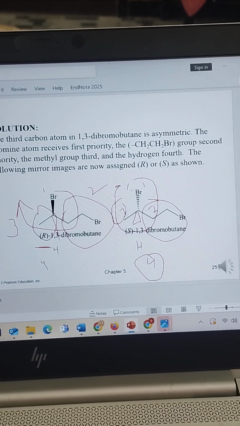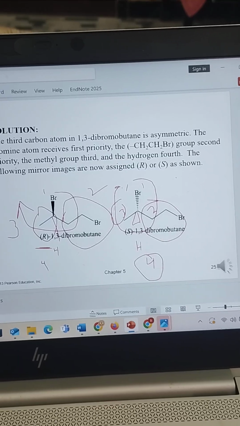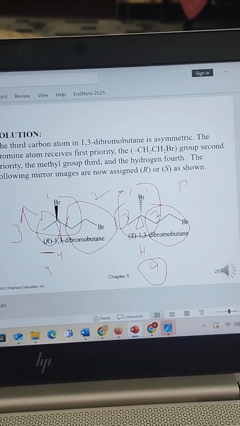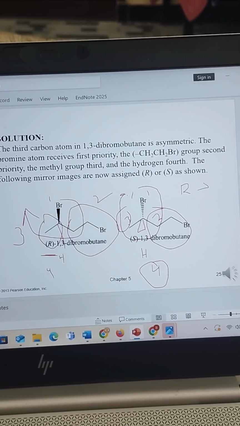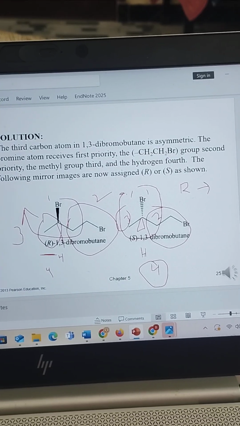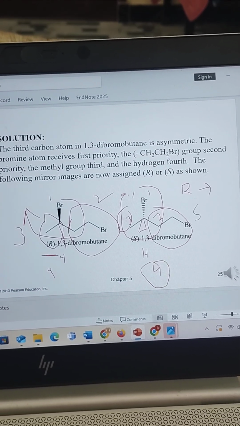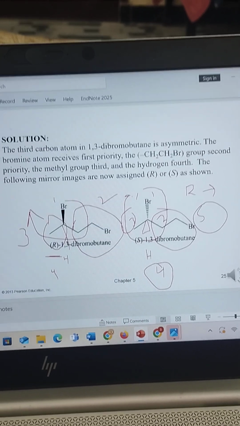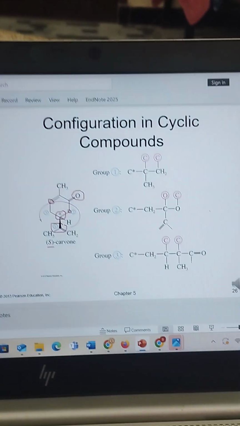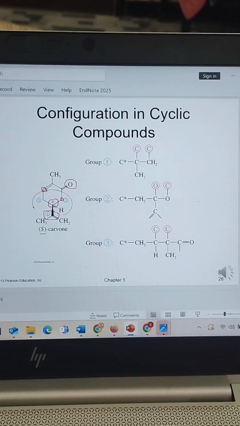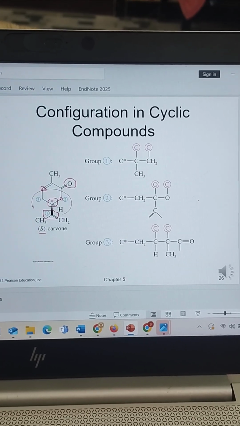Okay, so this is indicating the R, and just simply reverse it. Why reverse it? Because the lowest priority group is on the wedge, so it can't be on the wedge, so just reverse it, so it would be the S. So these are some examples. You just have to solve it by yourself, then you will get a better understanding.